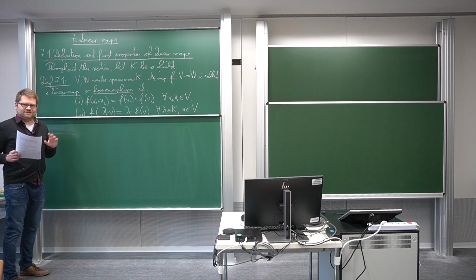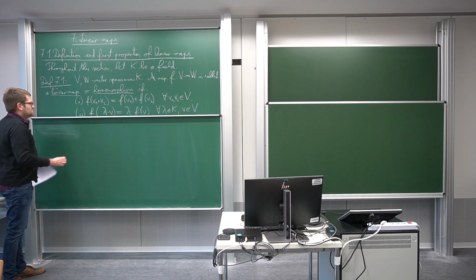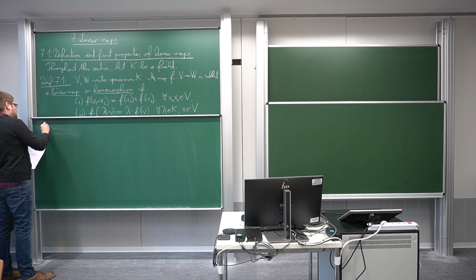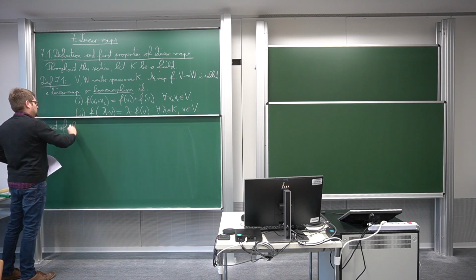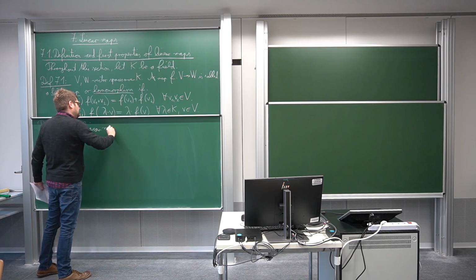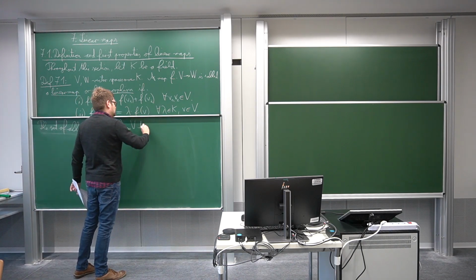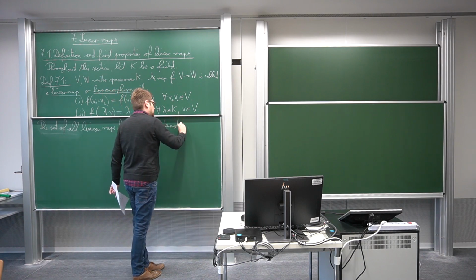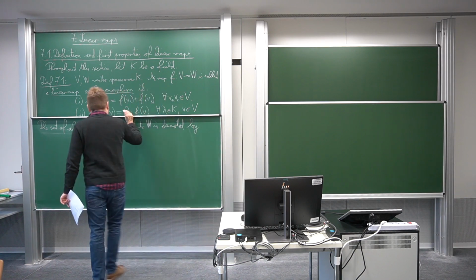Sorry about the sudden cut, I just forgot to introduce a piece of notation and already wanted to go on with the next remark. So this is a linear map, and the set of all linear maps between two vector spaces, the set of all linear maps from V to W, is denoted by, so two possibilities.